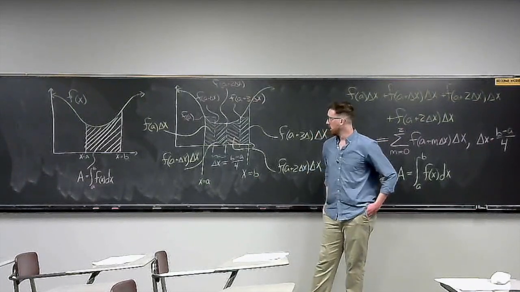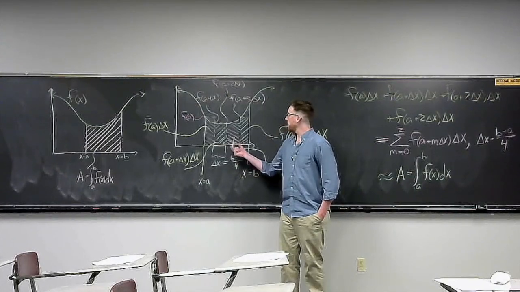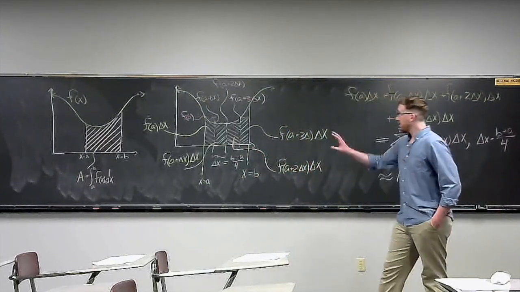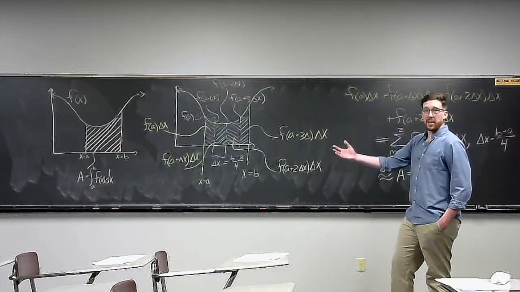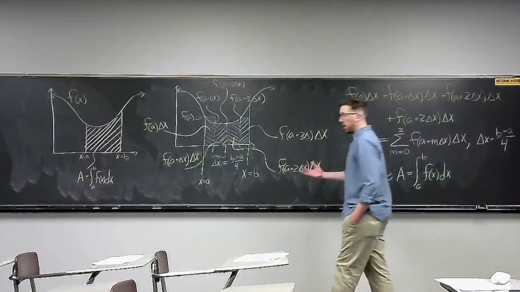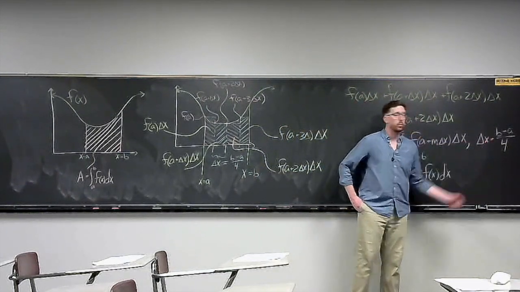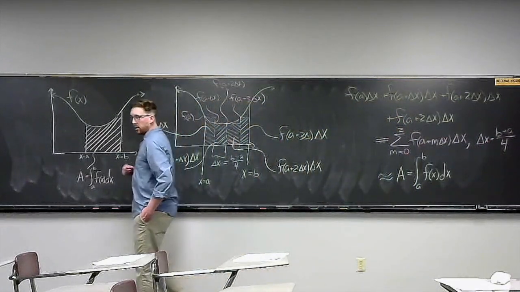So, if we want the width of each of these rectangles to be equal, then we have to take that distance of b minus a and divide it into 4 equal parts. That's why delta x is equal to b minus a divided by, in this case, 4.